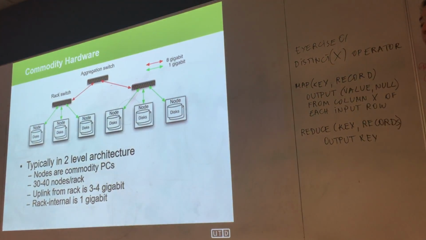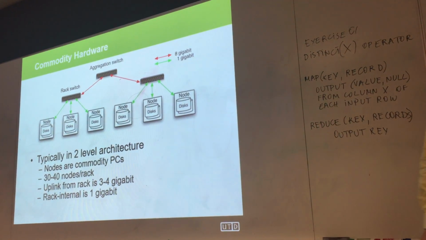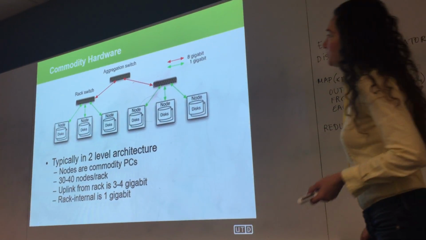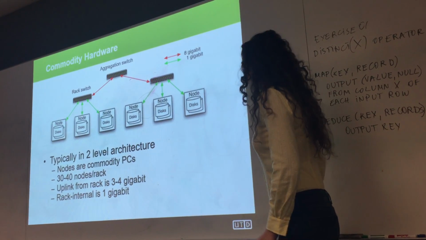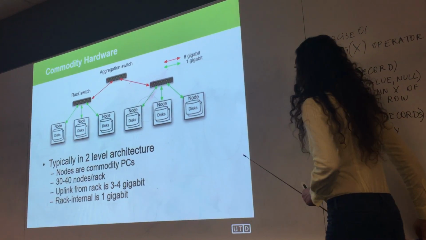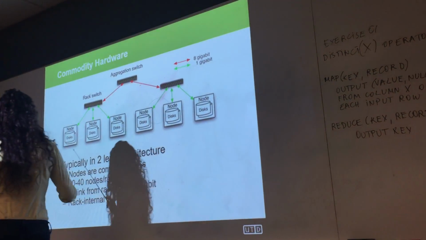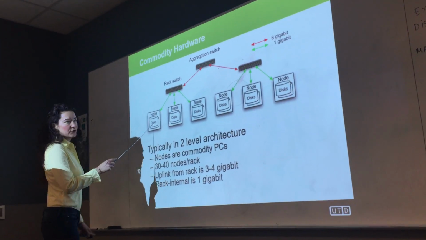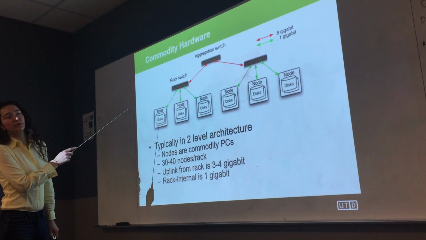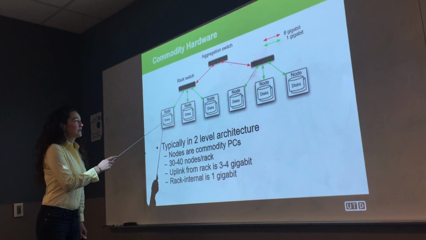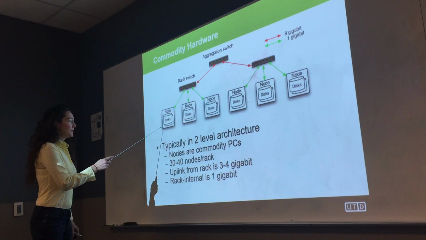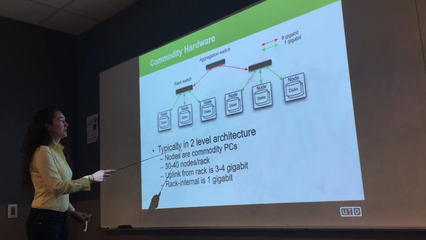So let's see the overall architecture of Hadoop. We have briefly seen this last time. They are the nodes. These are the data nodes that we just mentioned. So the data nodes store the data and do the processing. It's a two-level architecture.